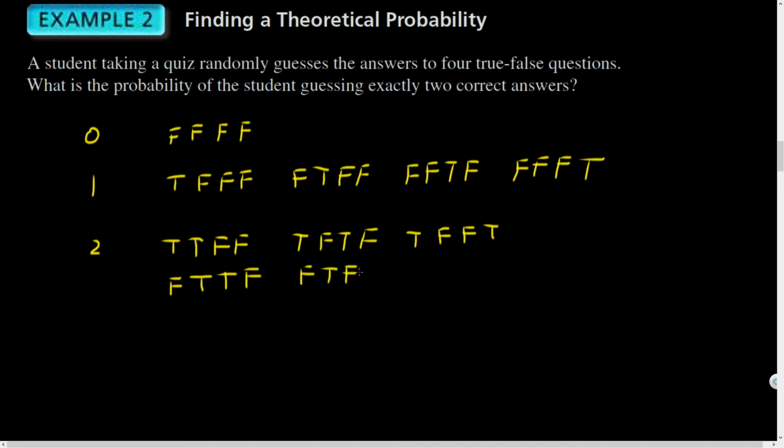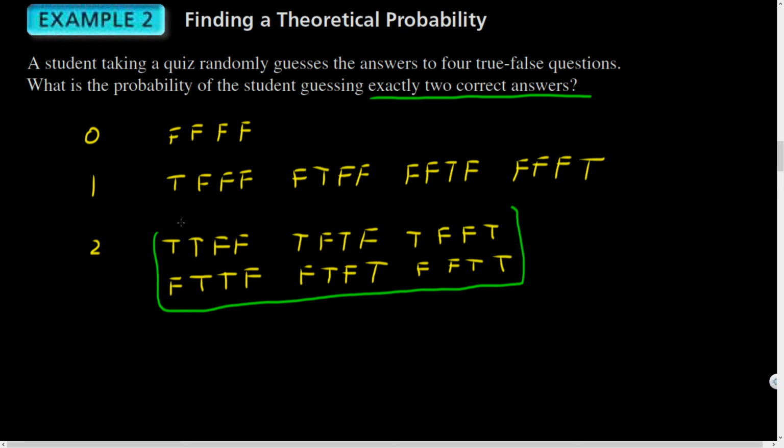False, true, false, true, which is different than that one. Or false, false, true, true. And so I did just identify exactly 2 correct answers. There are 6 outcomes there.